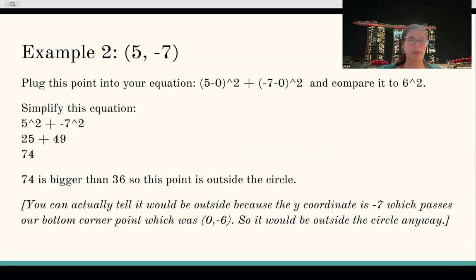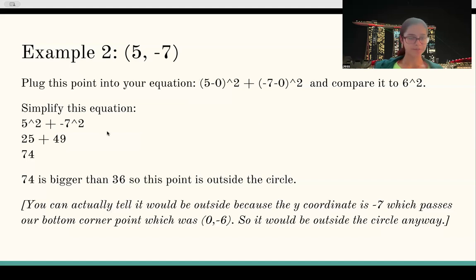Example number 2. We have another point, 5, negative 7. So let's see. 5 minus 0 squared plus negative 7 minus 0 squared, and compare it to 6 squared, which is 36.